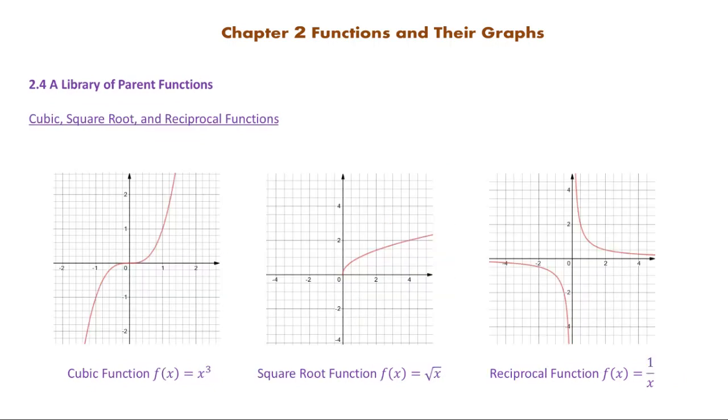And then we got the cubic, square root, and the reciprocal functions. The cubic function is f(x) equal to x cubed. If you draw the graph, you get something like this. It goes up on the right and down on the left, and also passes through the origin. So that's the cubic function. And the square root function is defined as f(x) equal to square root of x.